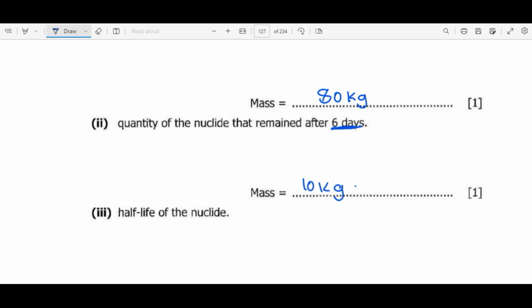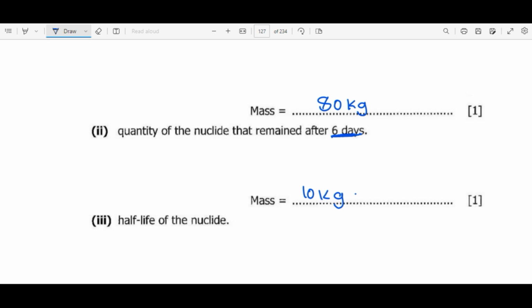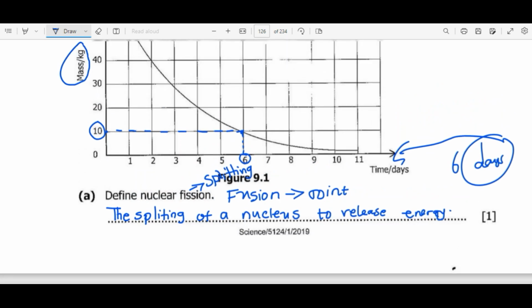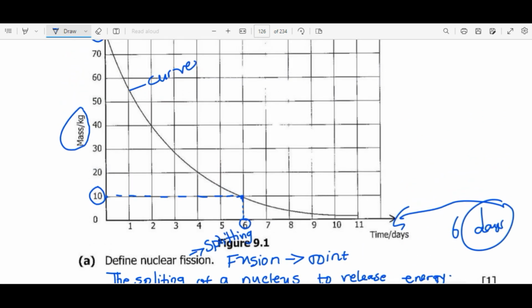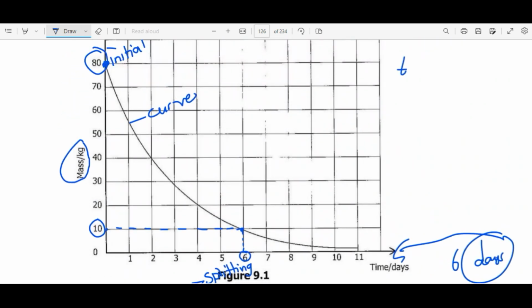Then the last question is, how can we use the graph to find the half-life of the nuclei? The half-life is just the time taken for half of the substance to decay, or for the substance to decay by half. Now how do we find the half-life given the curve? The symbol for half-life is T with the half here.